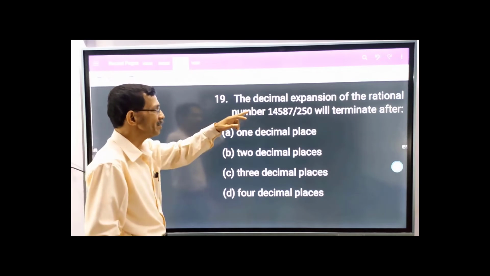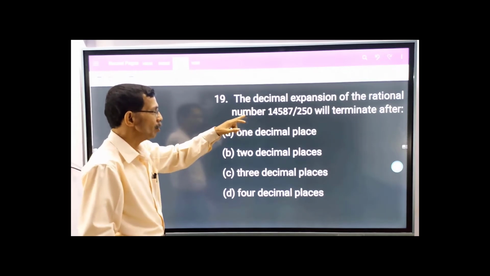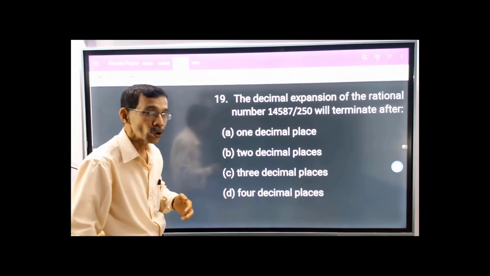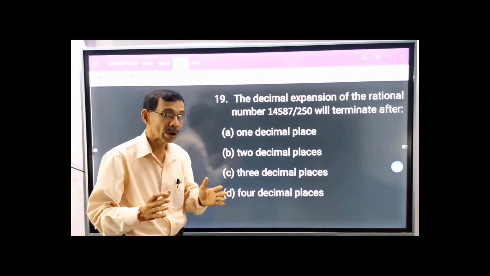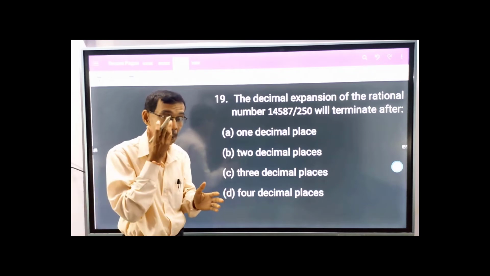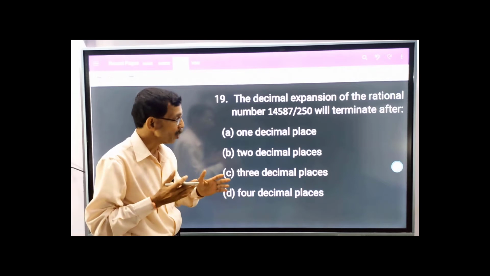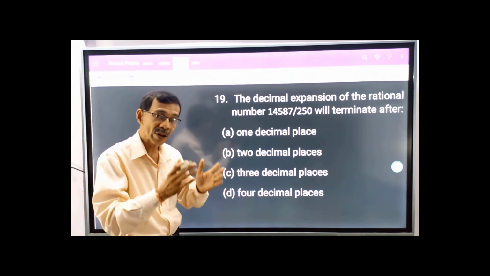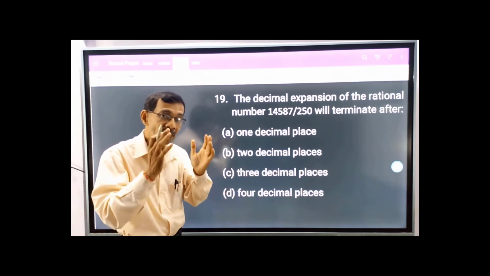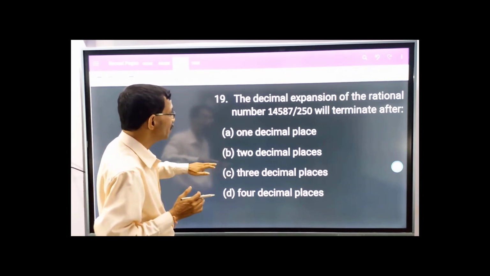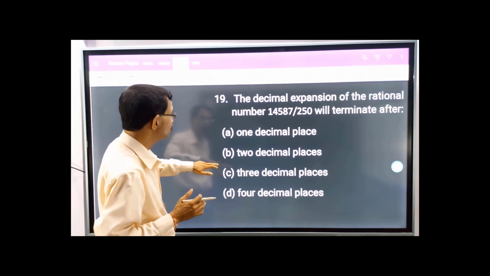The decimal expansion of the rational number 14587 divided by 250 will terminate after. So for finding how many points it will terminate after a decimal point, for that we have to express the denominator into 10 raised to n type. So let us try to express this into 10 raised to n type.